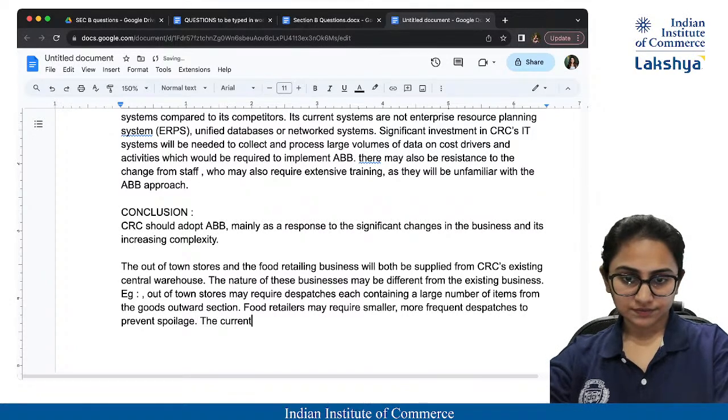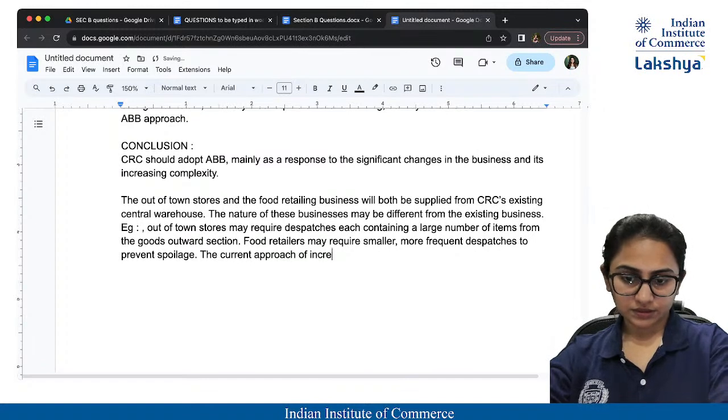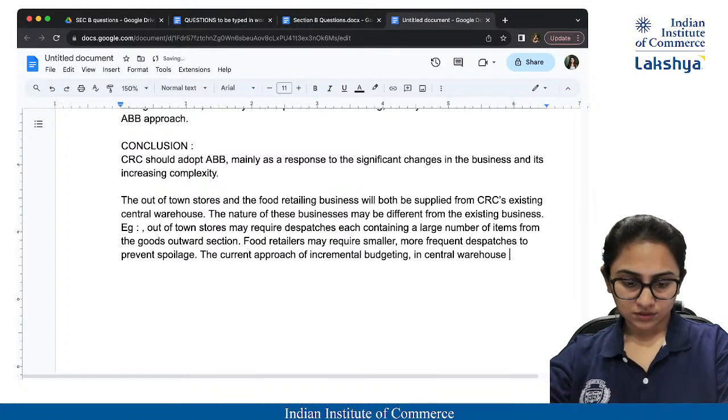The current approach of incremental budgeting in the central warehouse at least is unlikely to be appropriate.